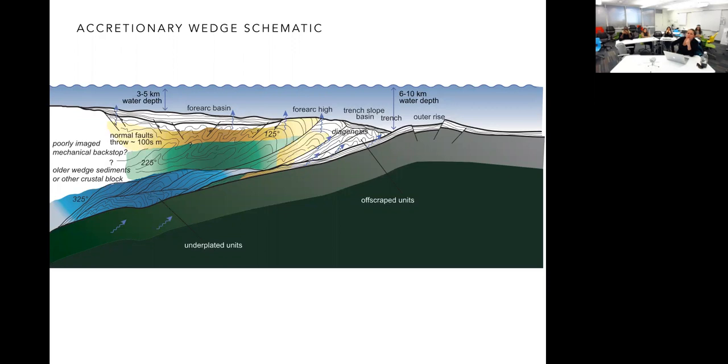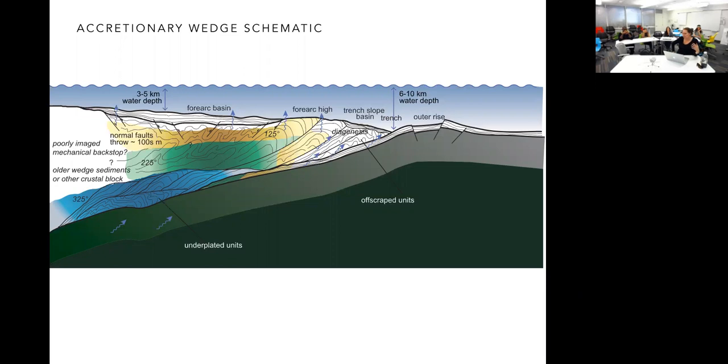Another explanation that's been thrown out there, which I'm not a huge fan of, but some people are, is an additional regime for the wedge: a time when those blue rocks at the bottom right there might actually rejoin the lower plate. If the fault moves back up through the section, they would call that tectonic erosion, where that material gets scraped off by the downgoing plate and then rejoins the downgoing plate.